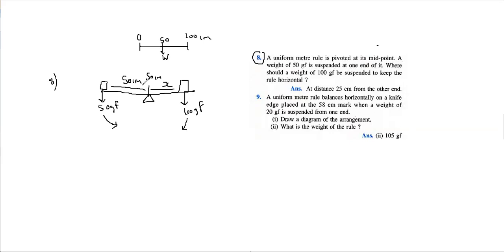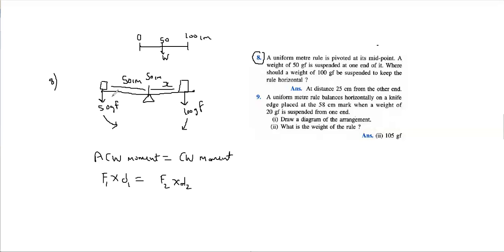For solving such a question, you have to use the principle of moments, which says that anti-clockwise moment equals clockwise moment. So anti-clockwise moment means force into perpendicular distance equals force into perpendicular distance.